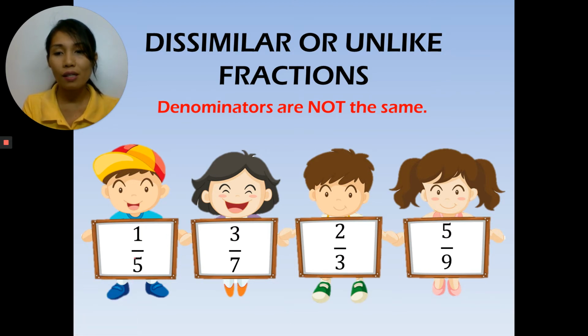Have you noticed their denominators? 5, 7, 3, and 9. They are not the same. So we call them dissimilar or unlike fractions. We can use dissimilar, or we can also use unlike.